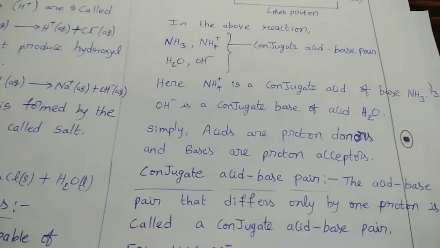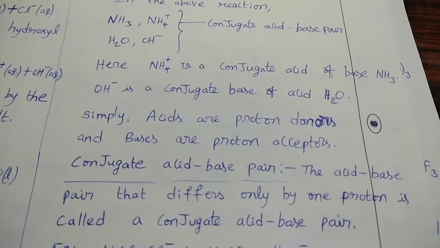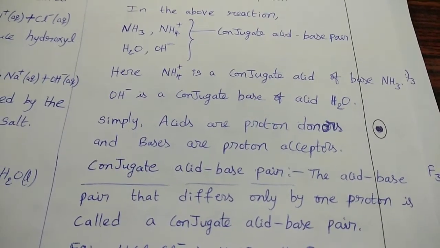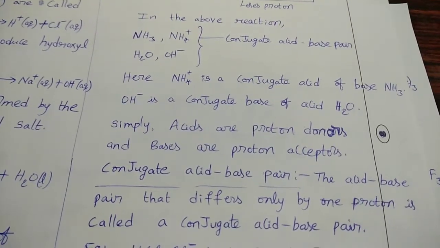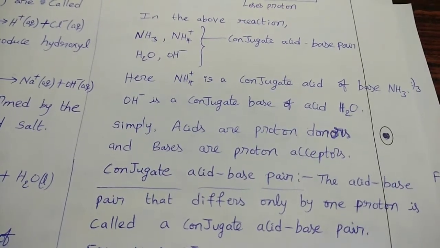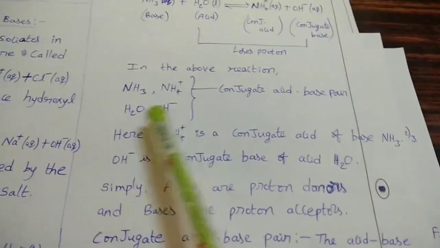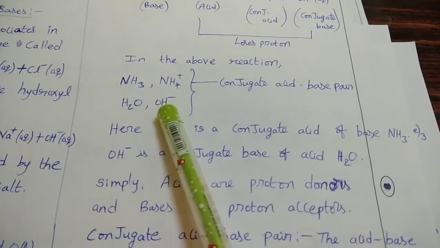See the definition for conjugate acid base pair. The acid base pair that differs only by one proton is called conjugate acid base pair. Acid and base differ by a single proton. That pair is called conjugate acid base pair. Here, these two are a conjugate acid base pair. What is the difference between these two species?